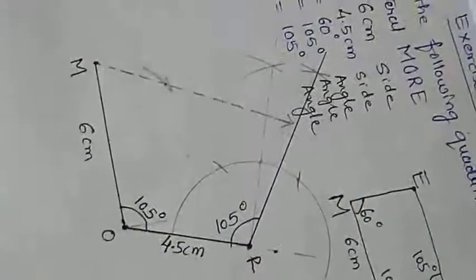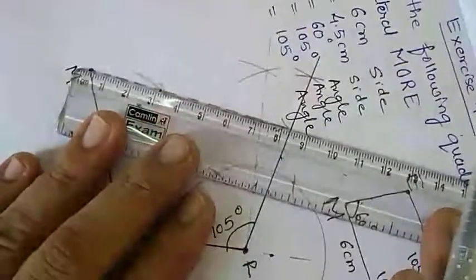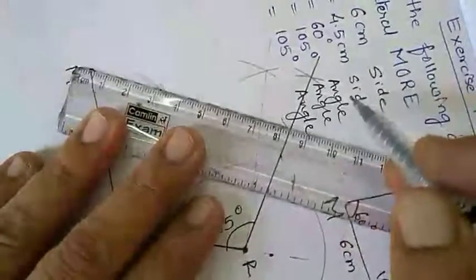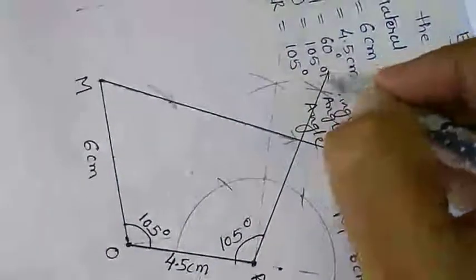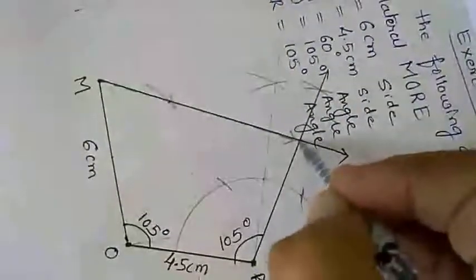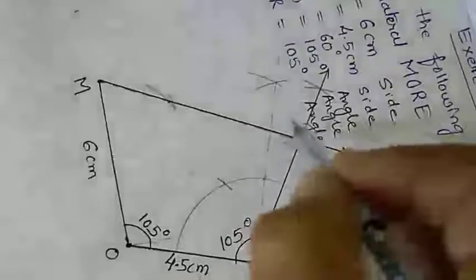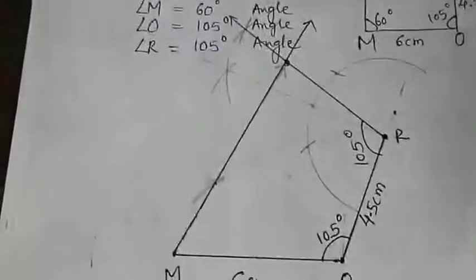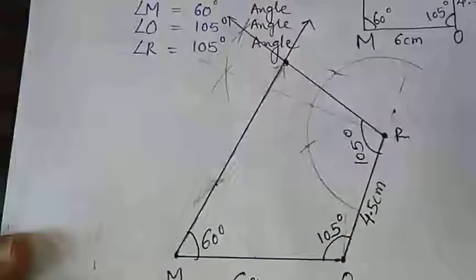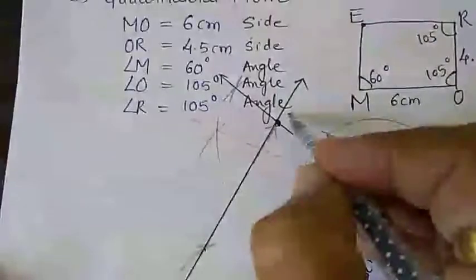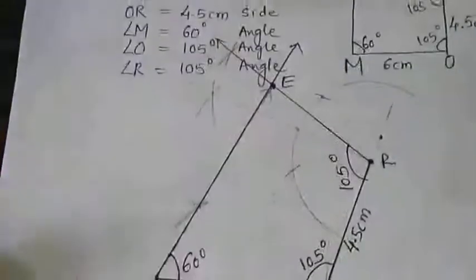Okay friends, and this line from M which intersects here. Okay, so this point will be named E. I just turn it, you will get an idea. This will be 60 degree and this point will be named E for elephant.